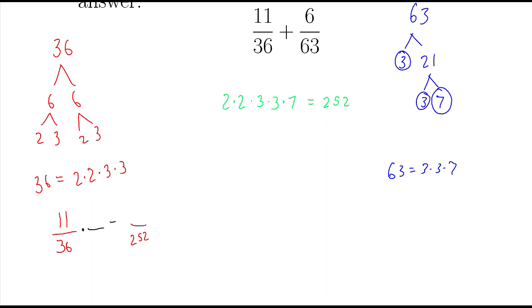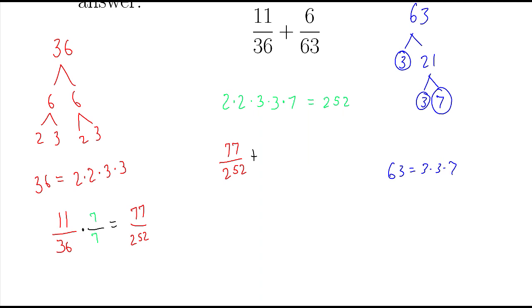So I'm going to multiply it by something. 36 times something is 252. Well, that would be 7. And remember, the top has to match the bottom. So 36 times 7 is 252. 11 times 7 is 77. So we have 77 over 252.